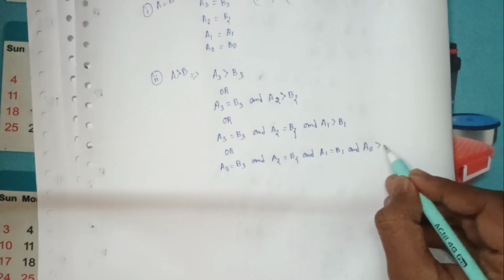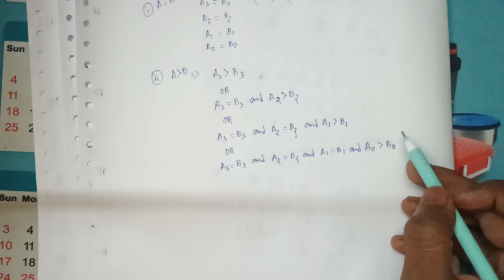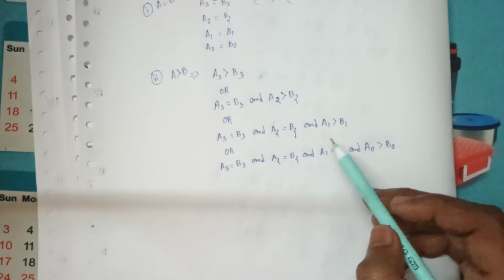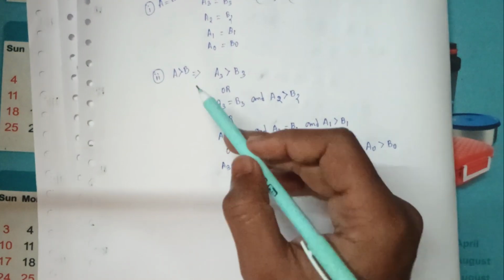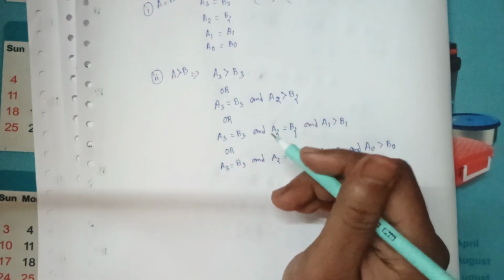A1 is greater than B0. If these conditions are satisfied, then we can say that A greater than B, right?